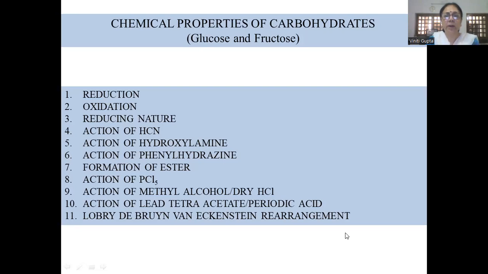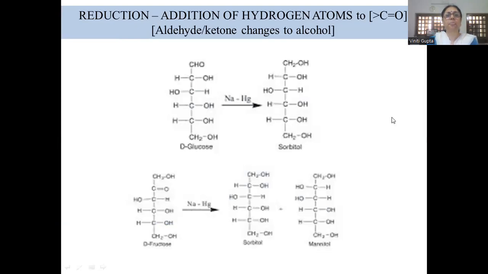But the majority of the tests which these molecules undergo are nucleophilic addition type of reactions. In this module, I'm going to deal with primarily 4 types of chemical properties: reduction, oxidation, reducing nature, and action of hydrogen cyanide. Let me first deal with the reduction.